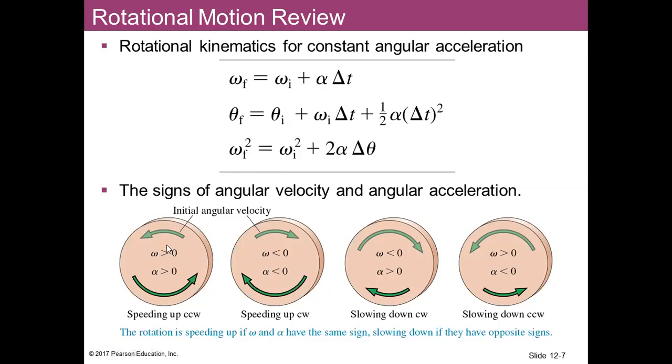So we have angular velocity greater than 0 and angular acceleration greater than 0 when the wheel is speeding up in a counterclockwise direction. Then we have angular velocity less than 0 and angular acceleration less than 0 for the wheel that is speeding up in a clockwise direction.